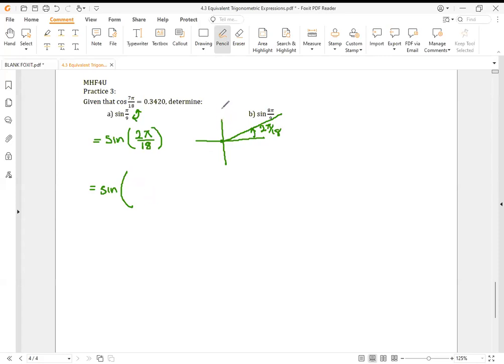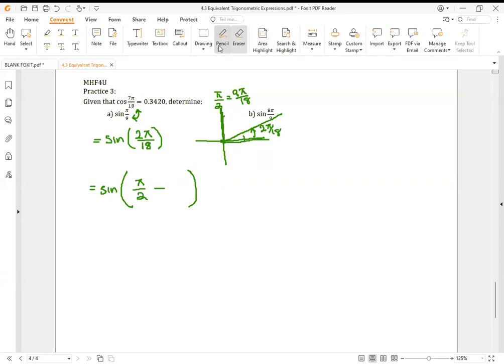If I was interested in turning 2 pi over 18 into a subtraction from 90 degrees, or pi over 2, minus something, what would that something be? That's right. 90 degrees is equal to 9 pi over 18.